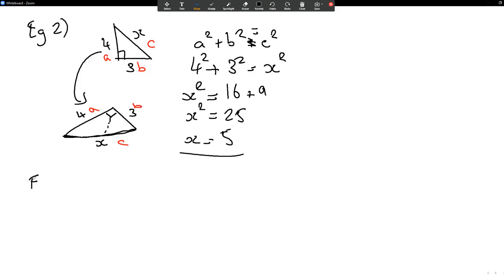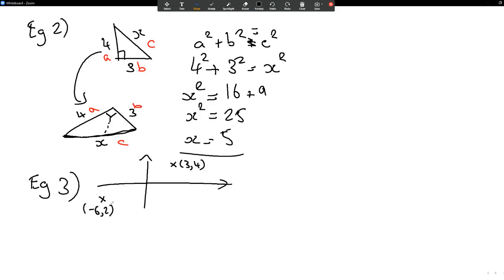This can also be used to calculate the length of a line. So if we had 2 points on a graph, so if we say this is 3, 4, and this is minus 6, 2, and then we have a line like this, we can figure out the length of this line, x, let's say.